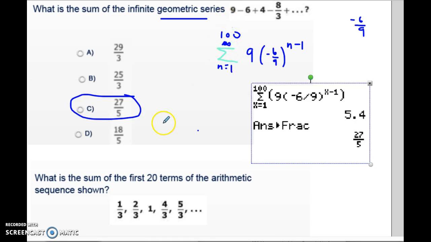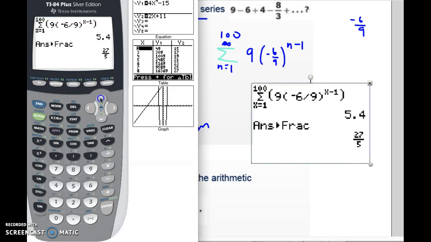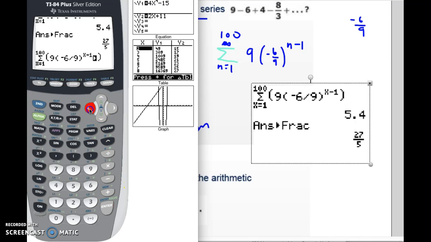Now don't forget, if one of these had said no sum, then this is when we would plug in this and plug in another number too. So this one kind of took a long time. But if we go ahead, I'm going to arrow over and change this 100 to a 50 and just make sure that they're getting close to one another, right?